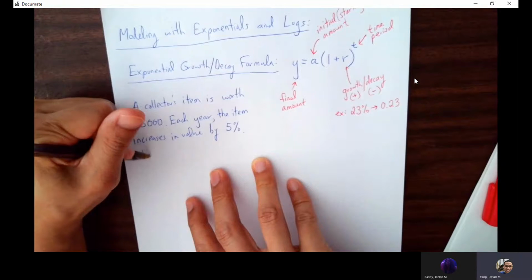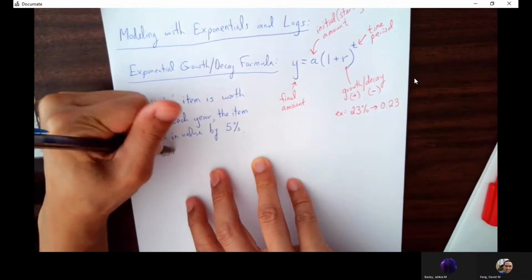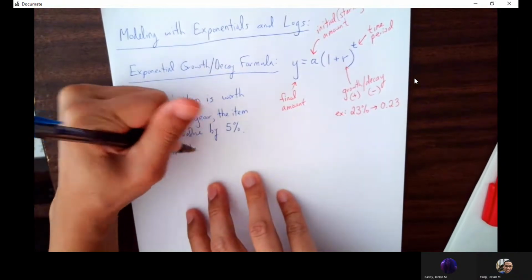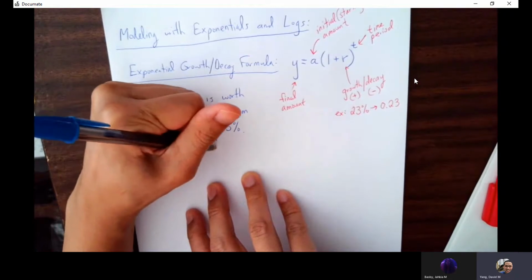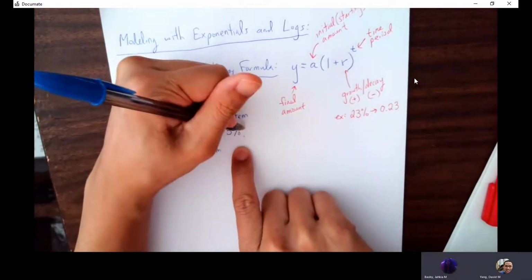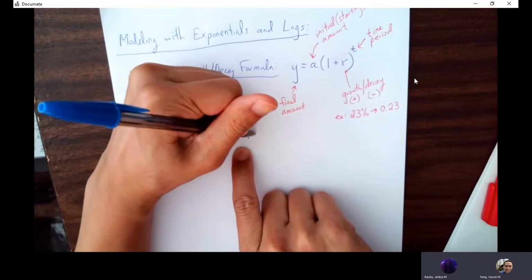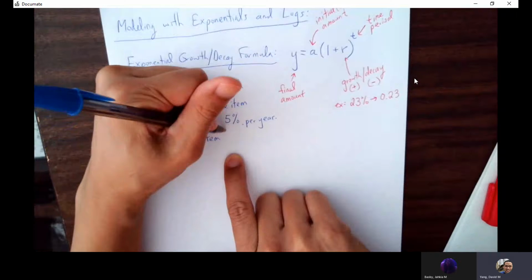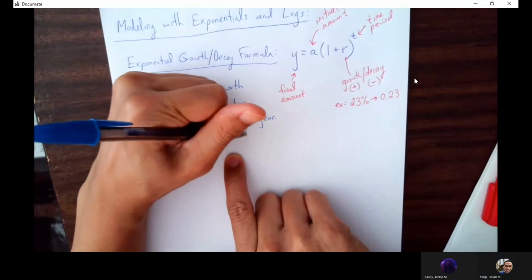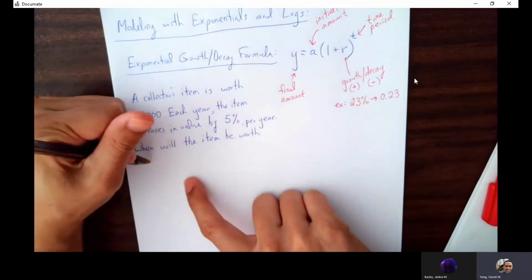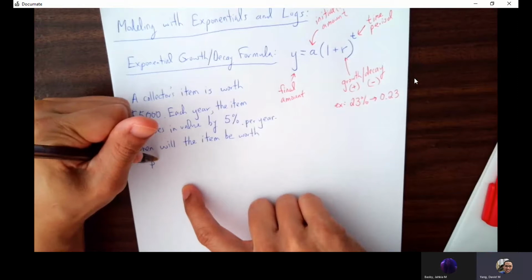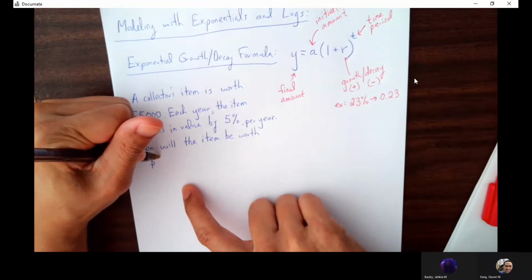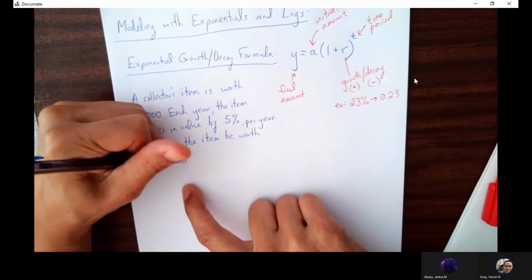When will the item be worth $6,000? Let's make it a little cheaper, $5,500.